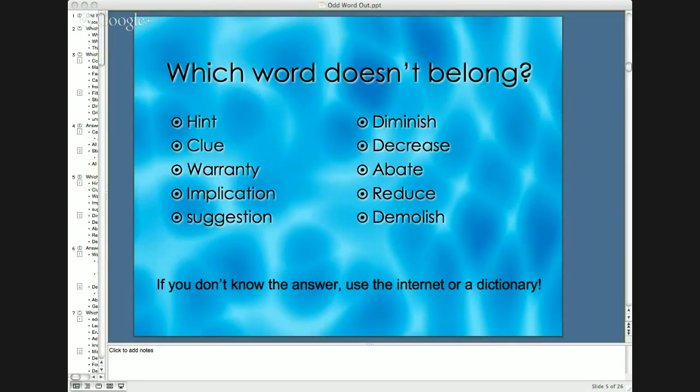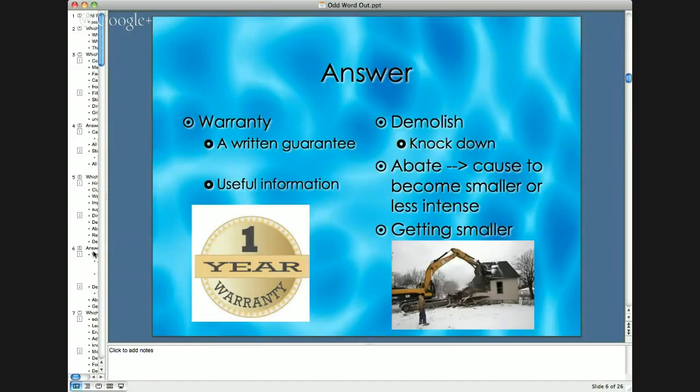What do these words mean? And the answer? Demolish. As we can see in the picture, someone is demolishing a house.